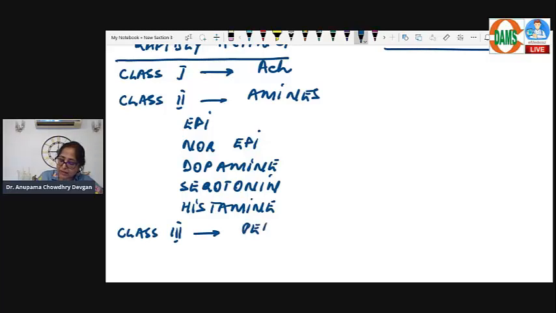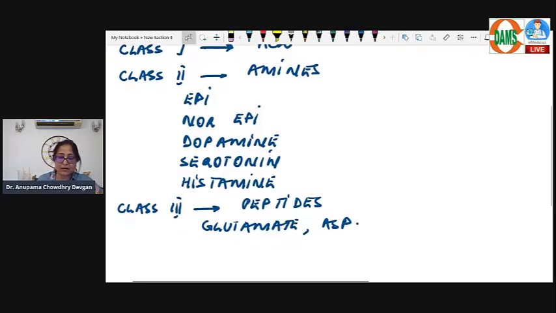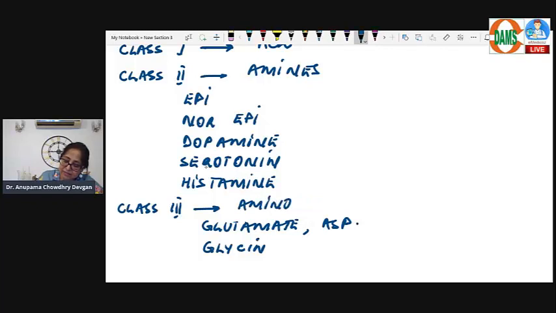And which are the peptides? Glutamate and aspartate, these are excitatory. And there are 2 which are inhibitory, and that is glycine. Sorry, class 3 are what are known as amino acids, not peptides, amino acids.